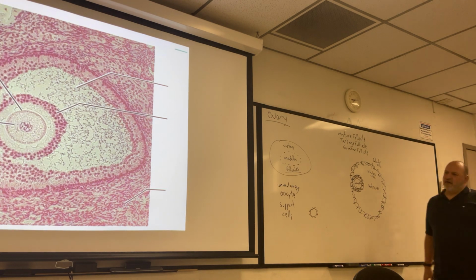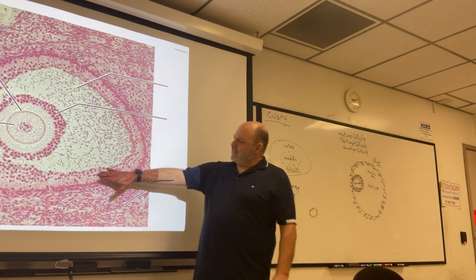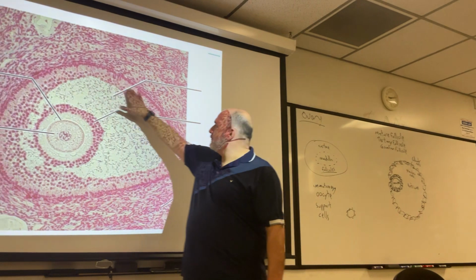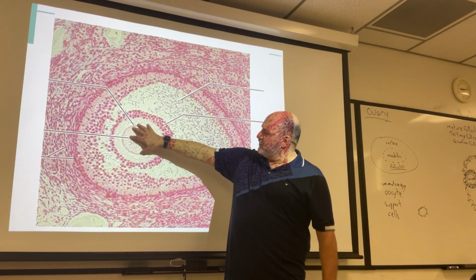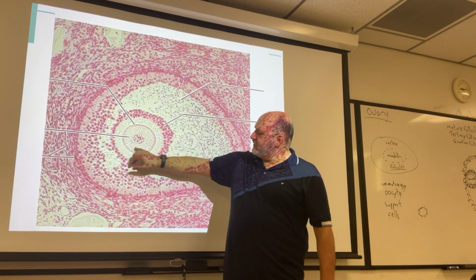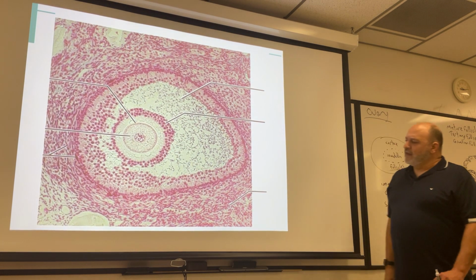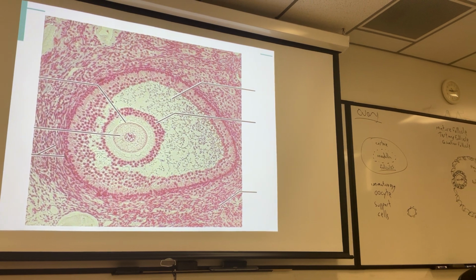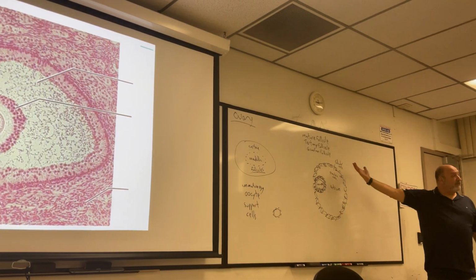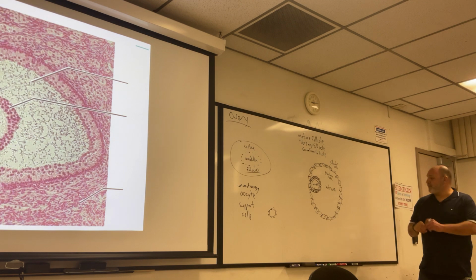So all of these, and the ones around here, this here is the egg with its nucleus that we have there. All of these are the granulosa cells, or what we'll call follicular cells, because they make up the follicle. That makes sense?